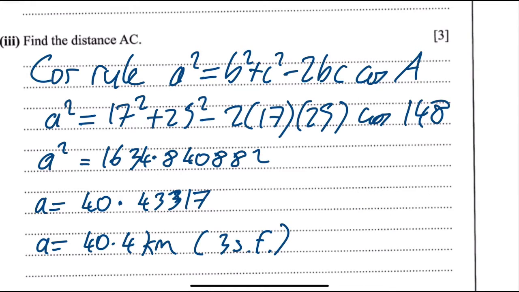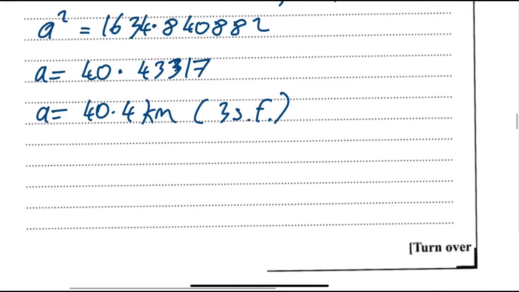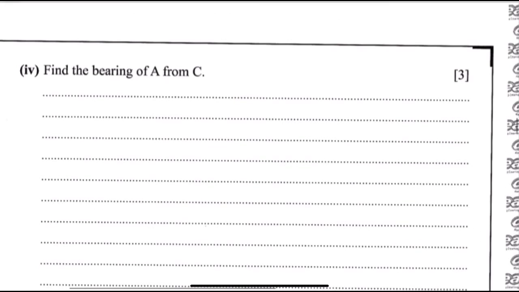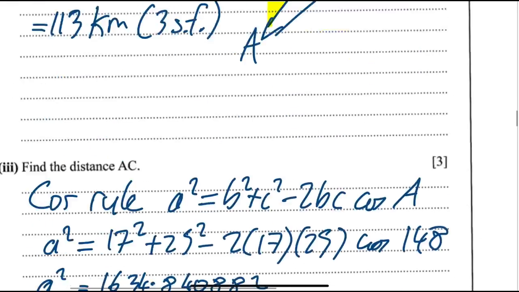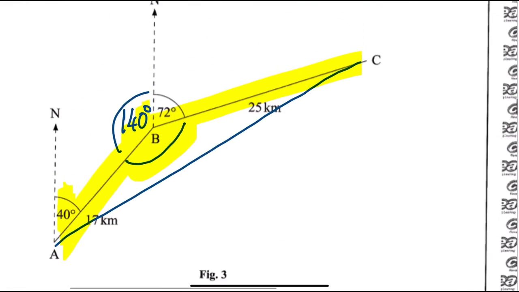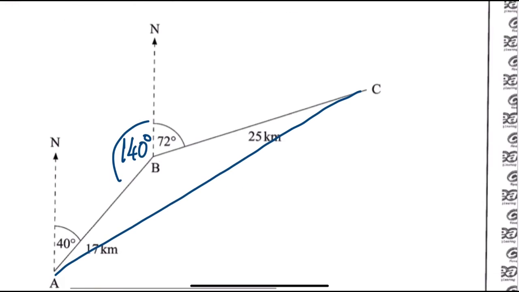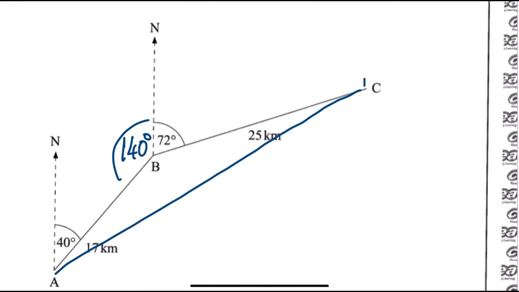Okay, the next and the last part of this question says for us to find the bearing of A from C. Let's see what we're actually looking to get here. Let's get rid of a few of these wee markings. For the bearing of A from C, I would first draw another north line here, parallel to the other ones obviously.